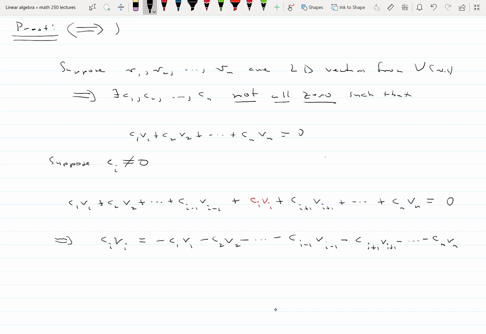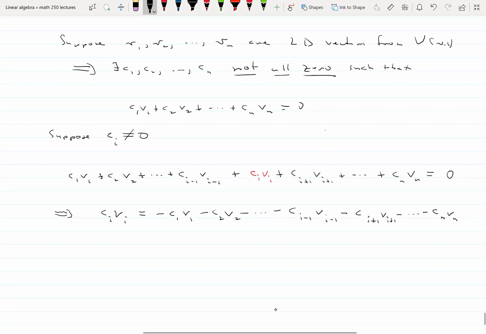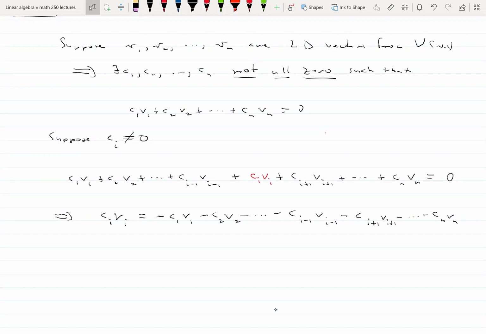Well, if c sub I v sub I equals that long vector on the right, then v sub I had better equal 1 over c sub I times that long vector. That's a fancy way of saying divide both sides by c sub I, but we don't have any such concept of dividing both sides of a vector equation by anything.